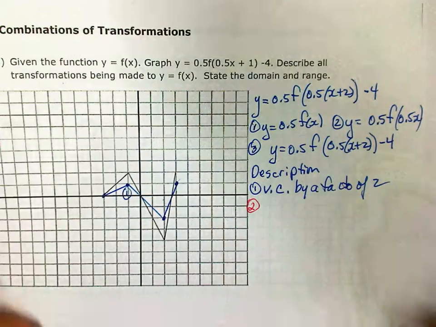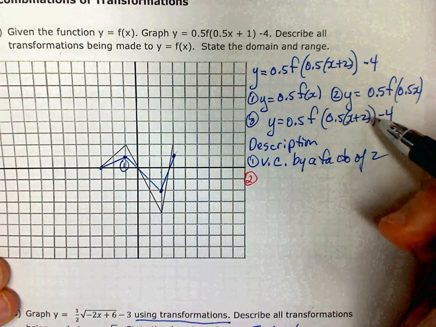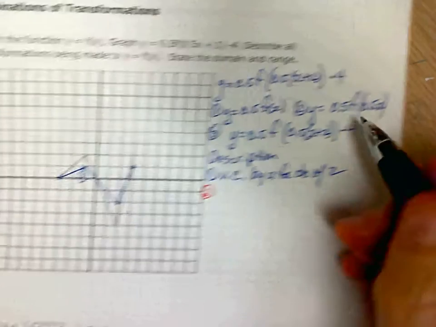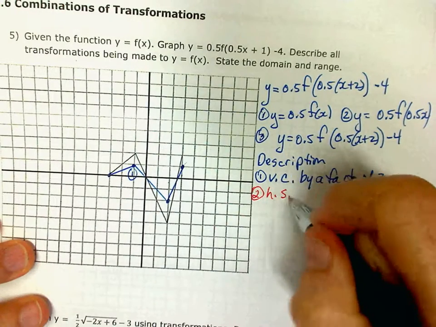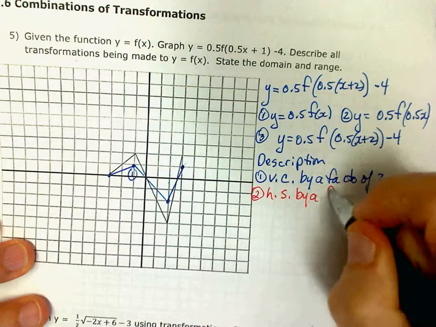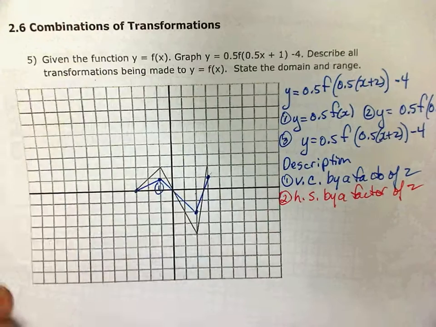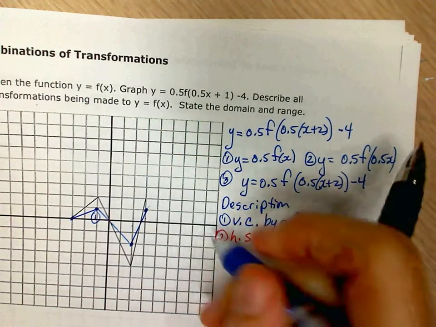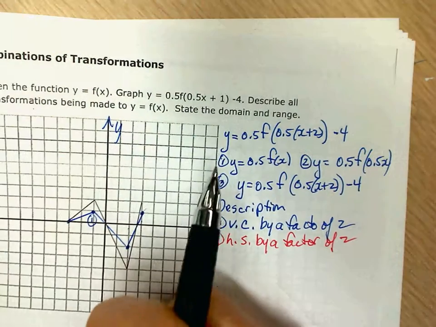So the next one we're going to do now is the horizontal stretch by a factor of 2. Oh, thank you so much. Yes, we must label the axes. All right.